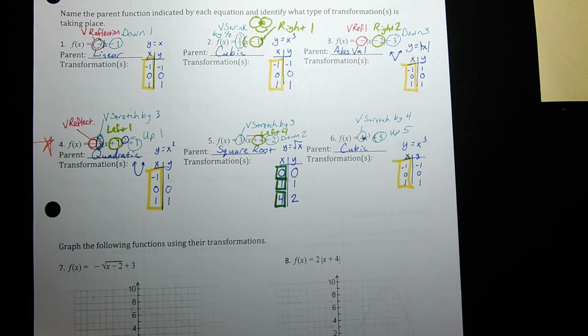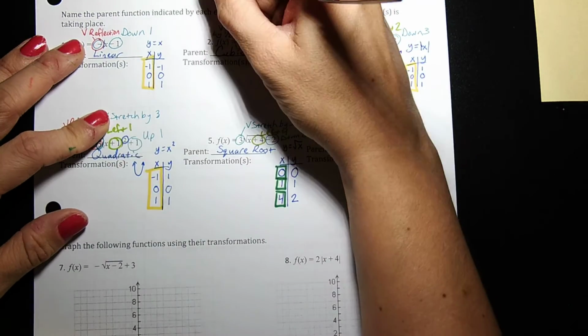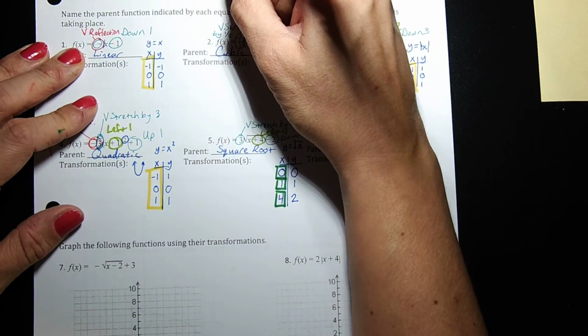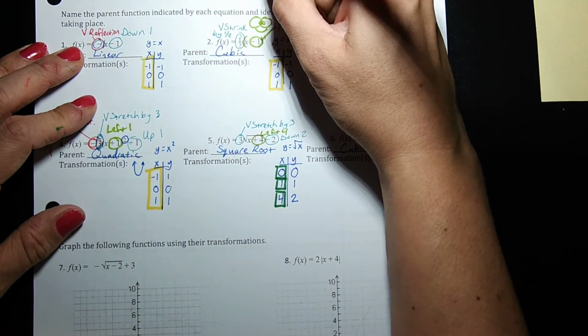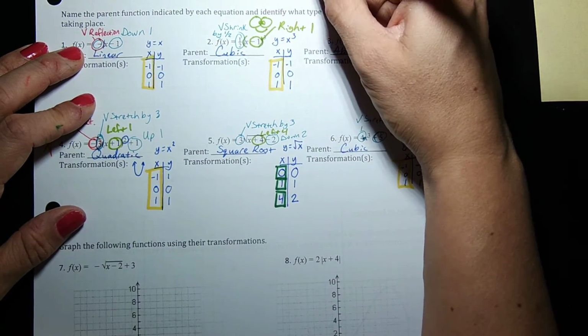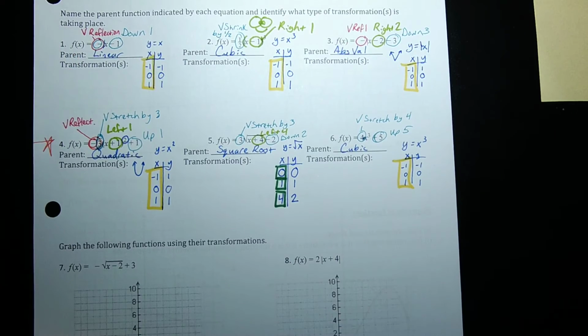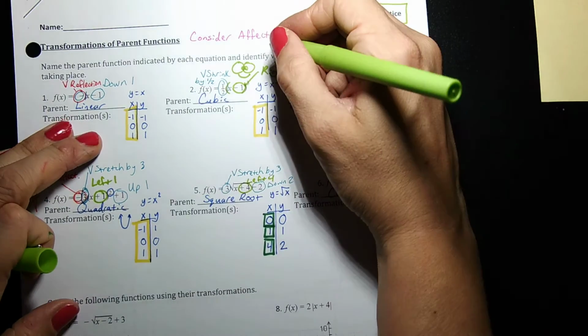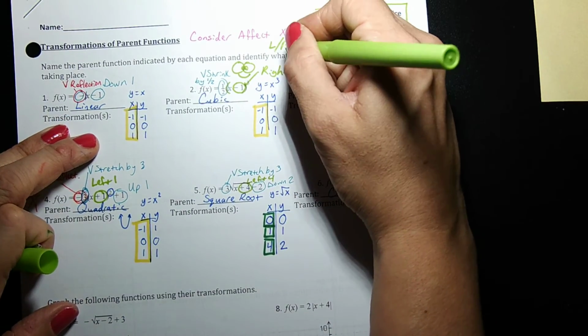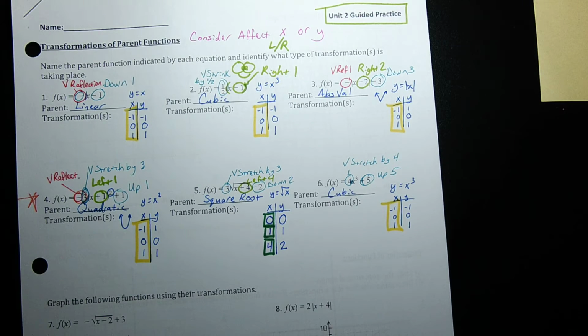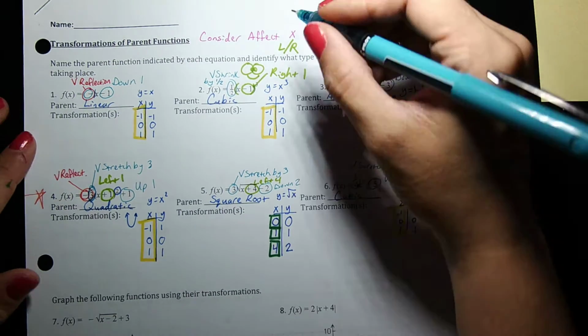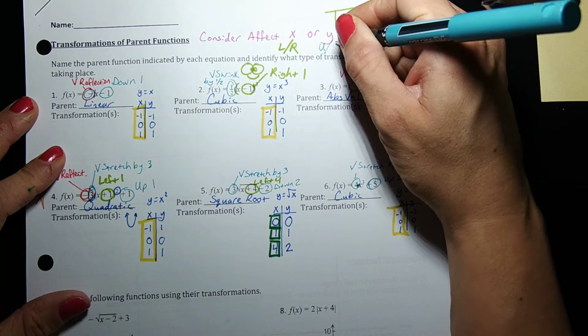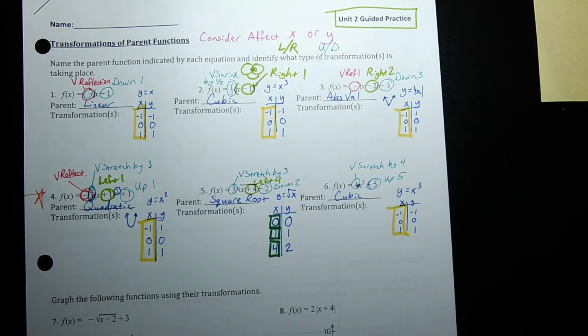So when you turn these into actual transformations that occur for the table, you need to consider if they affect X or Y. What transformations affect X? Moving left or moving right? What transformations affect Y? Moving up or down?